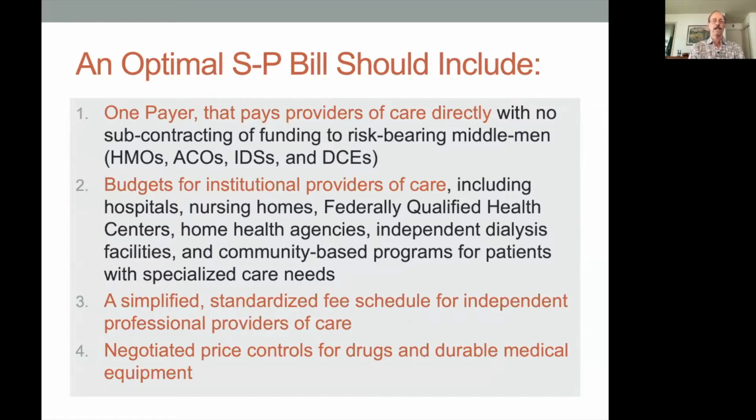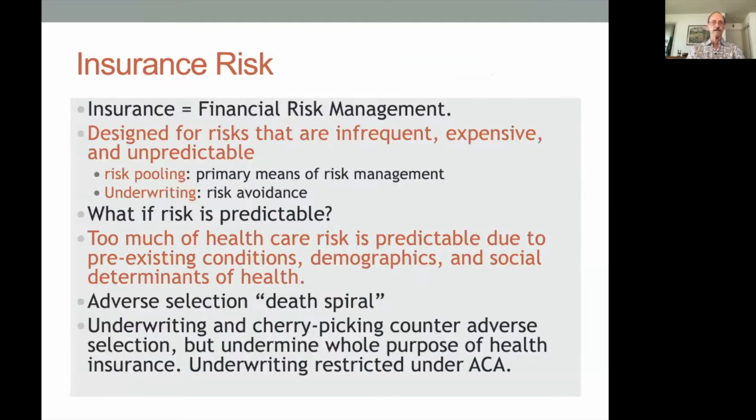And it should have budgets for institutional providers of care, which are not based on opportunities for profit or loss, but just based on the cost of operations and salaries for their professional staff, and a simplified standardized fee schedule for independent professionals and negotiated price controls for drugs and durable medical equipment.